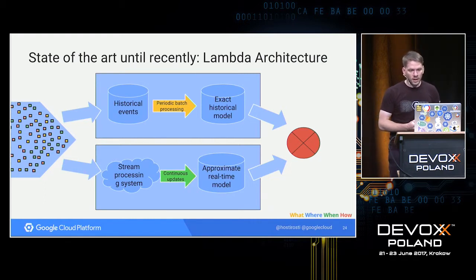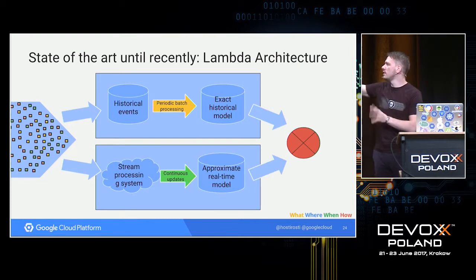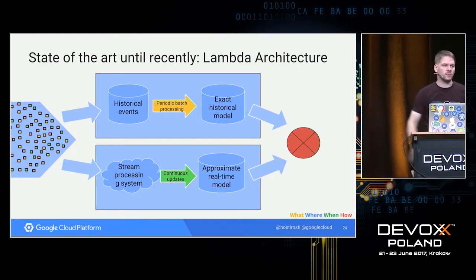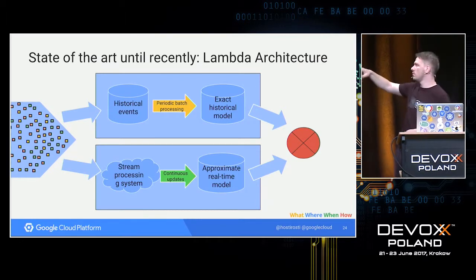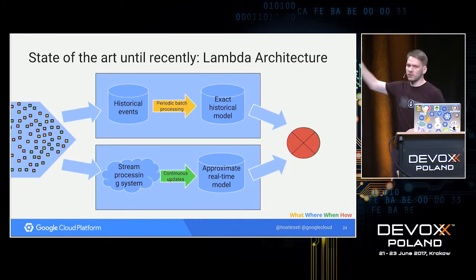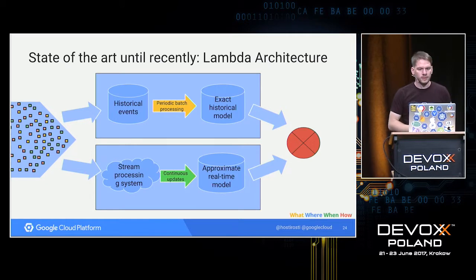So as you can see here, in a lambda architecture, you have your data stream, you save that in some database, and then for your billing, you run for instance Spark or Hadoop, and then you run Flink or Spark Streaming to get your approximations.